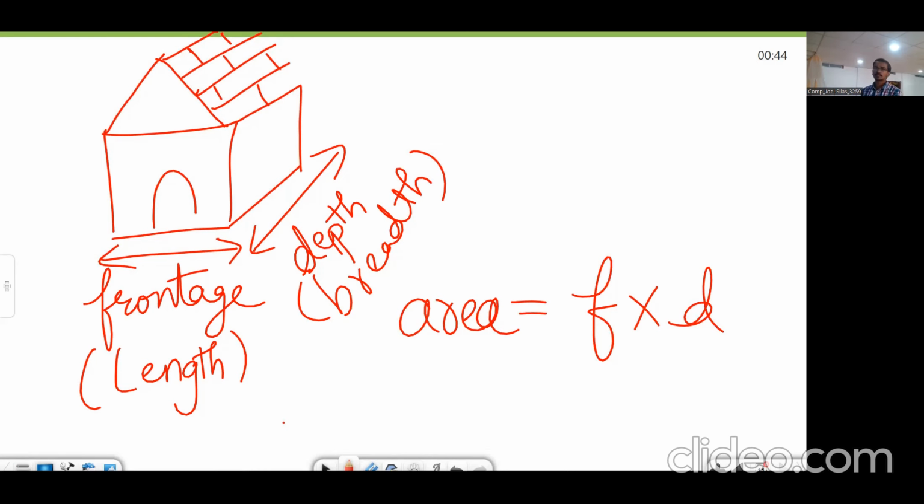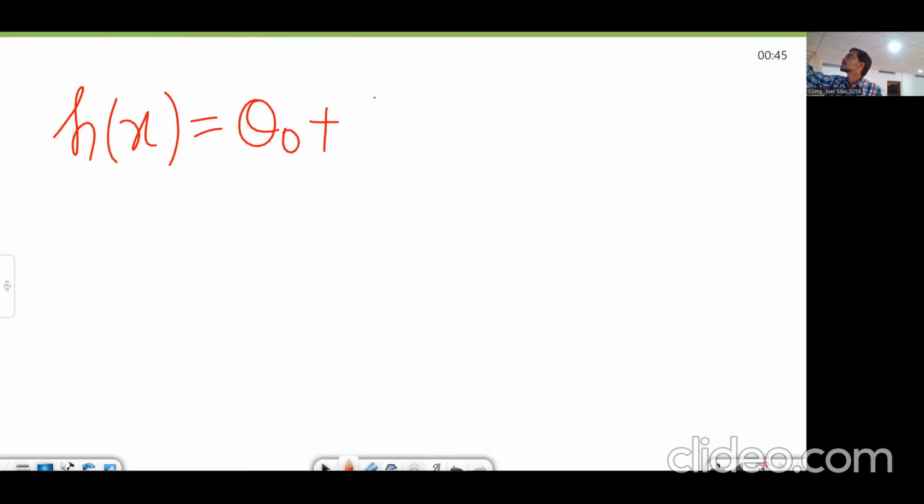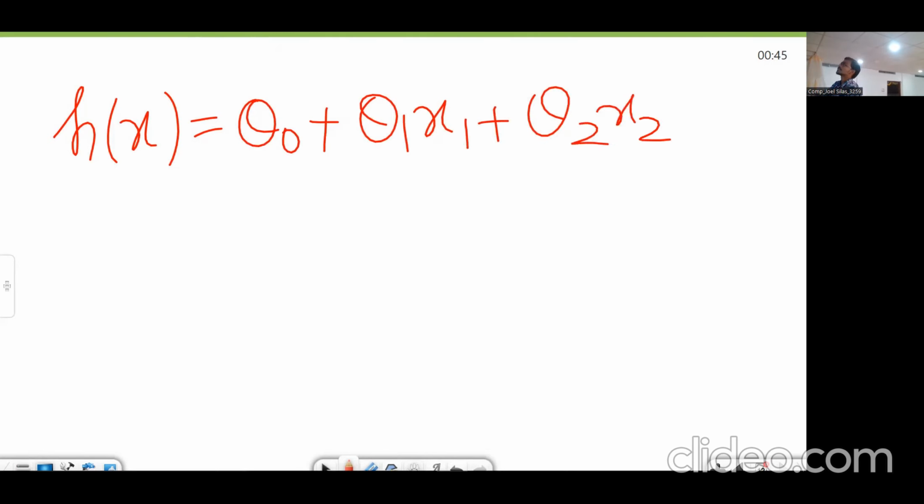So if we want to express the calculation of area as the hypothesis, suppose we consider house price prediction, in which the price has to be predicted, which is the hypothesis. We can express it as theta 0, which will be constant, plus theta 1 x1 plus theta 2 x2, where x1 is the feature called frontage and x2 is the feature called depth.